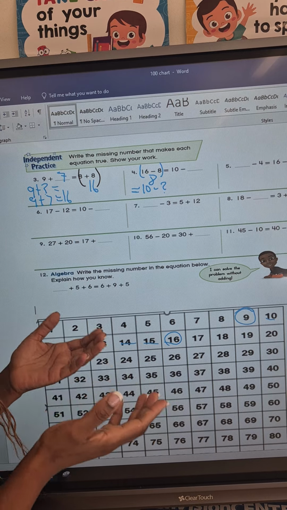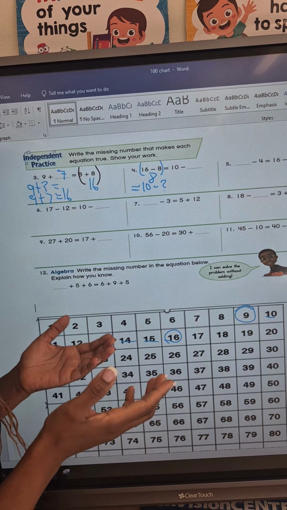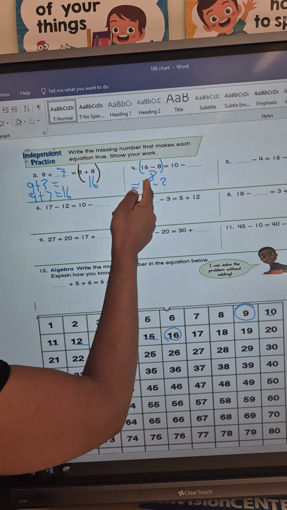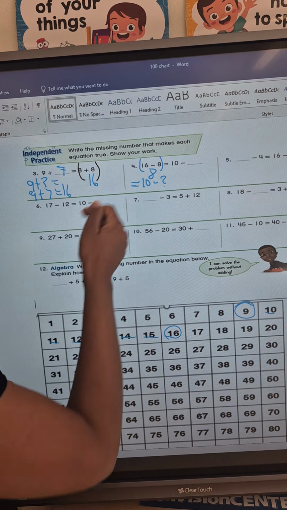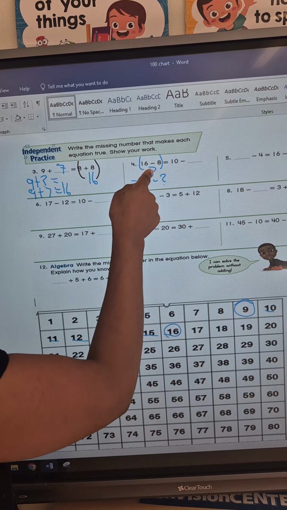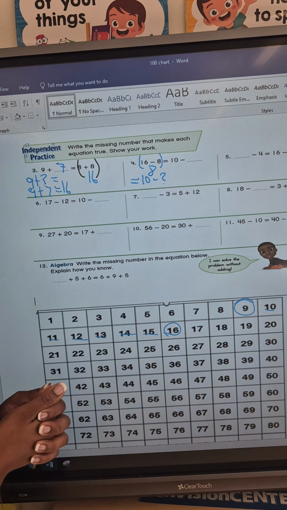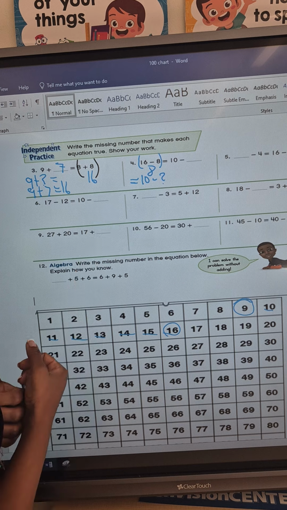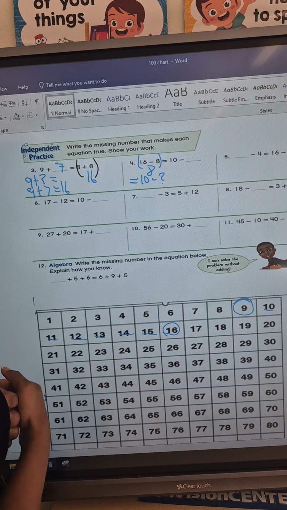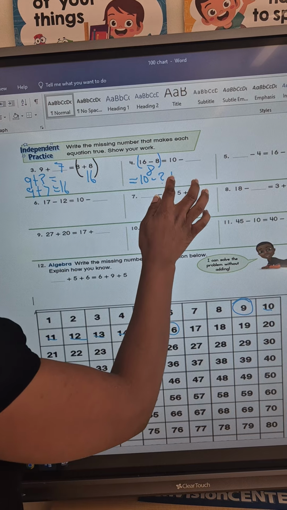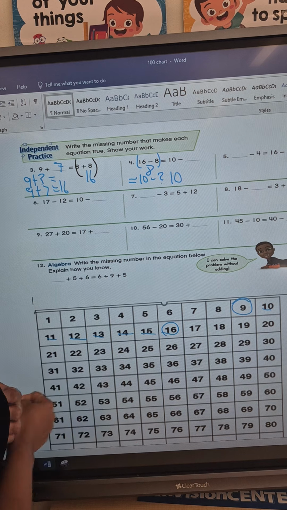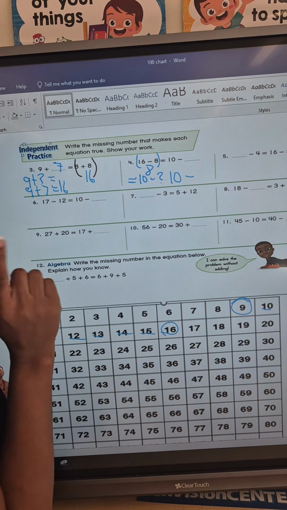So again, the equation has to be the same on both sides. What's the missing number here? How many times do I have to count from 8 to get to 10? Again, if you don't know what to do, in order for me to subtract, all I have to do is 10 minus the missing number.